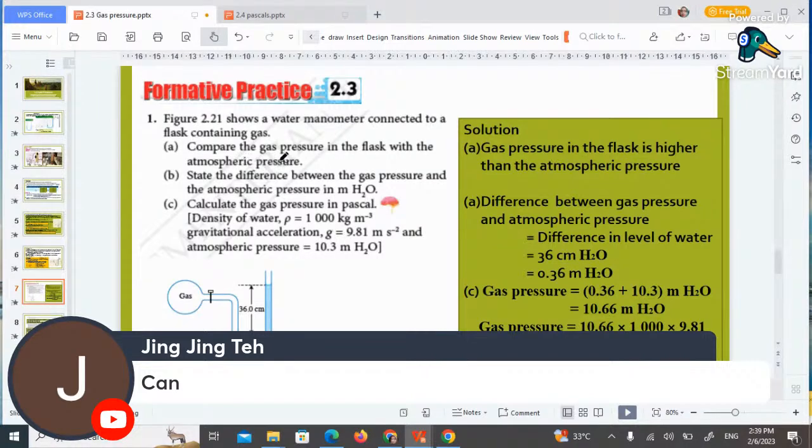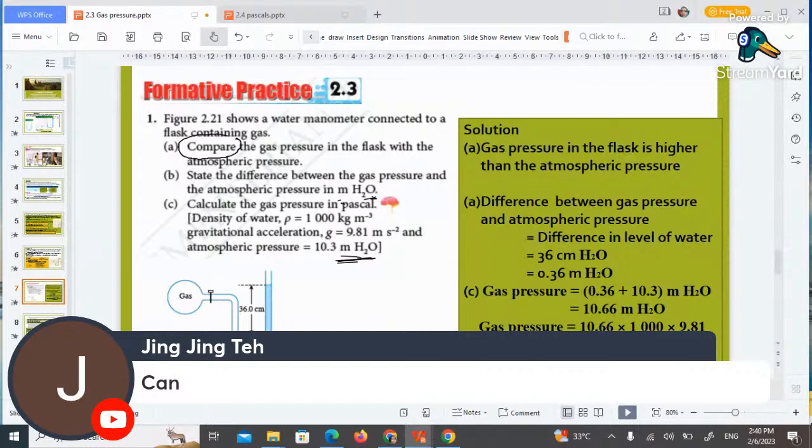Compare the gas pressure in the flask with the atmospheric pressure. Note the word compare here. State the difference between gas pressure and atmospheric pressure in meter of water. You all must be familiar with the units. Given gravitational acceleration, atmospheric pressure is also given in meter of water.